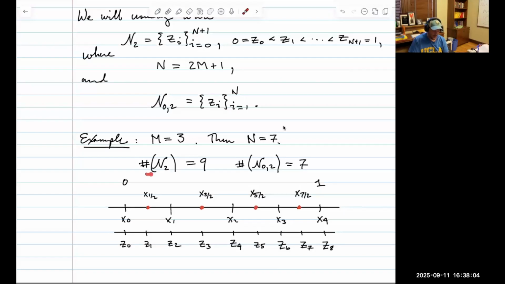How many points are going to be in my N2 set and how many points are going to be in my N02? To figure that out, let's first collect all our points. We call these vertex points, and we call these guys here edge midpoints, or just midpoints. When I create this larger set N2, I'm combining these together, unioning them together.